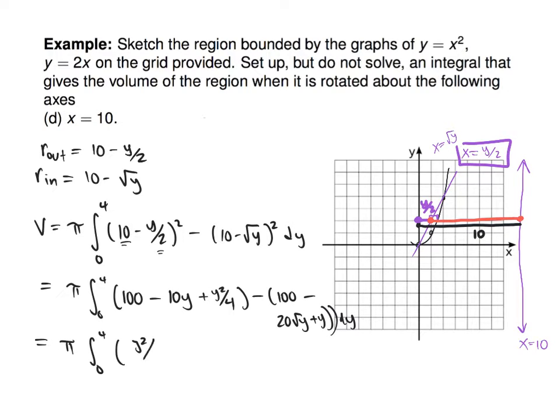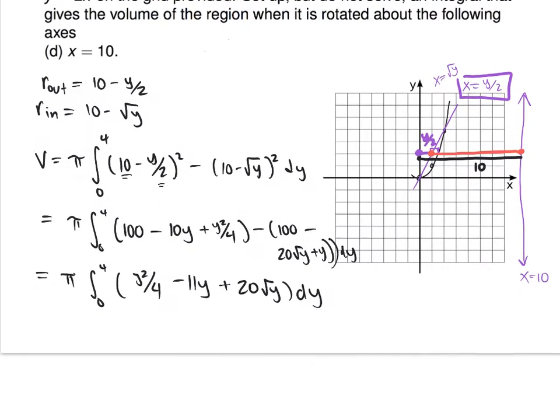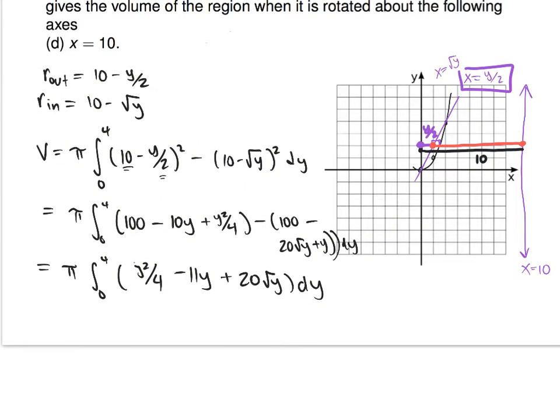You got y squared over 4. I think minus 11y. Do you agree with that? And then plus 20 root y. Is that right? Yes, no? Look good? Okay.